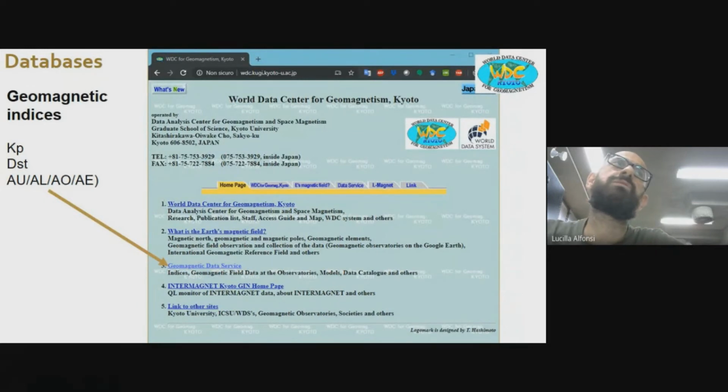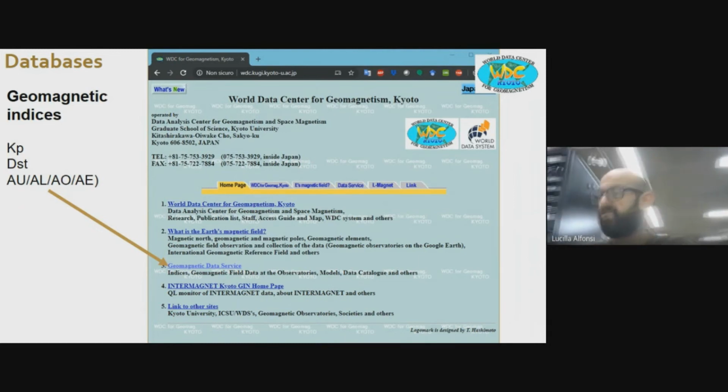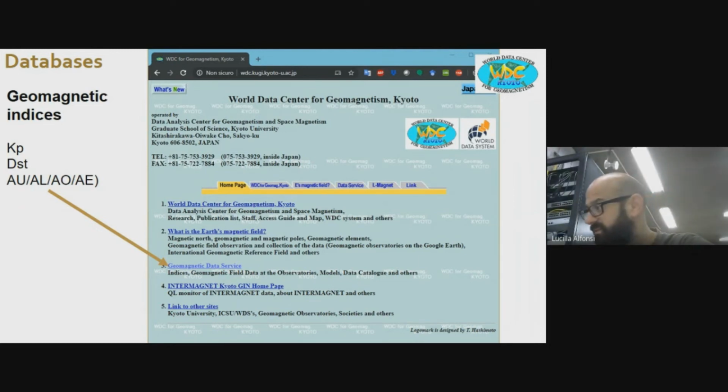That is the most famous data center for geomagnetic data, the one that is in charge of calculating the KP and the other geomagnetic indices. So from here, let me open the website.